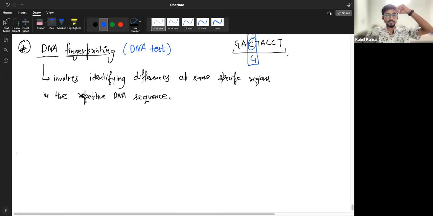So let's see how it works. Write down: repetitive sequences can be easily distinguished or separated from the bulk genomic DNA.